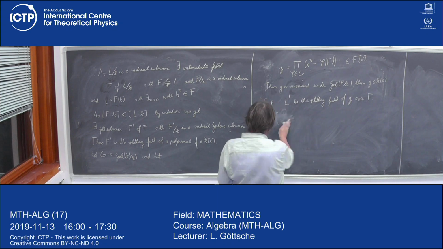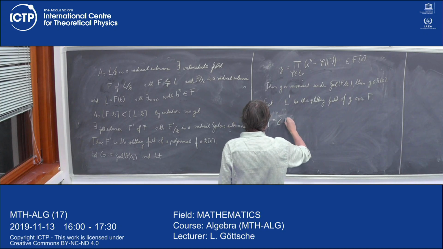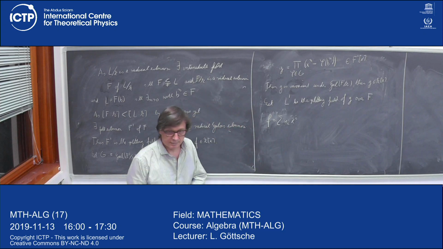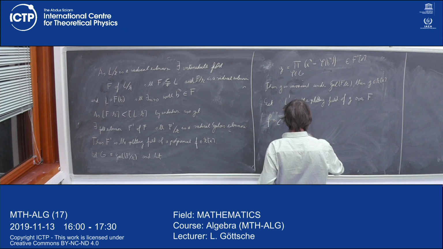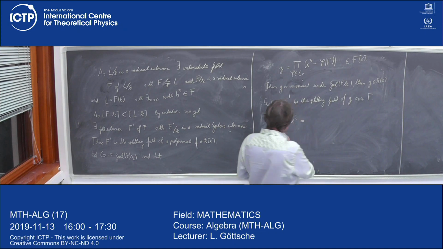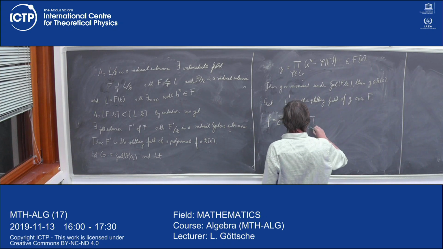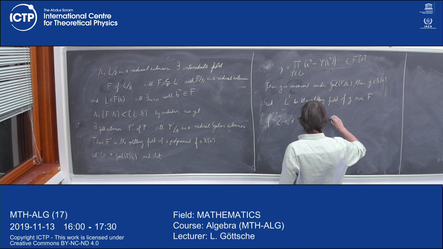So first let me write it like this. Assume we have f equal to the sum of a_i x to the i, some polynomial with coefficients in some field. Assume, for instance, it starts with x to the n, so it's monic. Assume that this is equal to the product i equals 1 to n of x minus b_i.